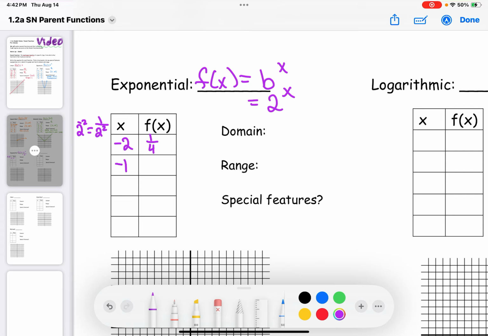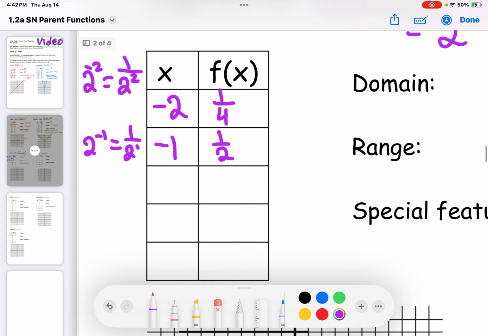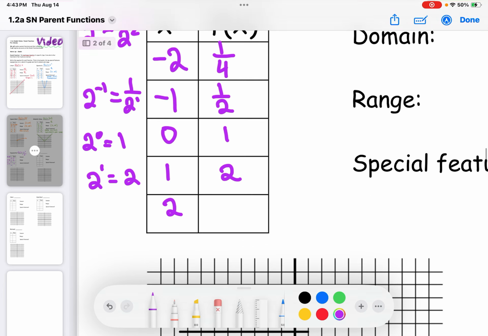When x is negative 1, 2 to the negative 1 is 1 over 2 to the positive 1, so that's 1/2. At 0, 2 to the 0 power: any number to the 0 power is 1. When x is 1, 2 to the first power is 2. When x is 2, 2 squared is 4.